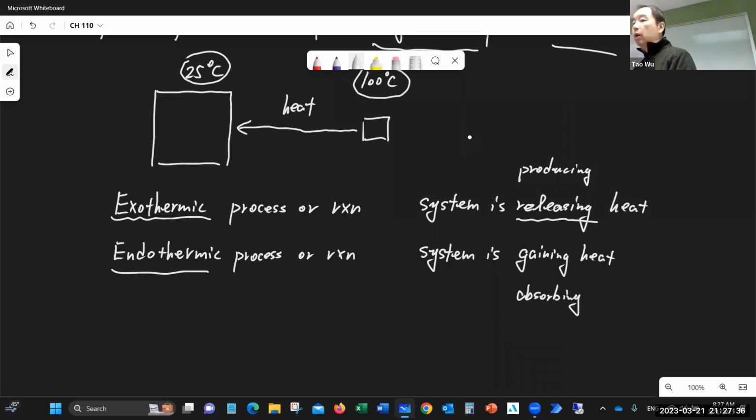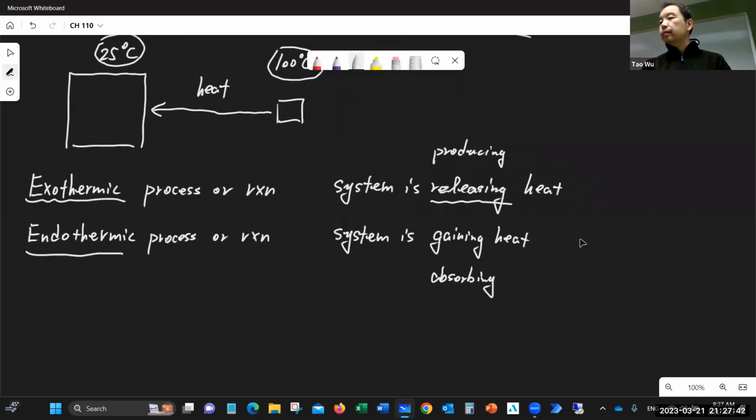Based on this, you will see the direction. In an exothermic process, we have an object, and we're observing this object, so the object is the system. This system is releasing heat, which means the heat is transferred out from this object.